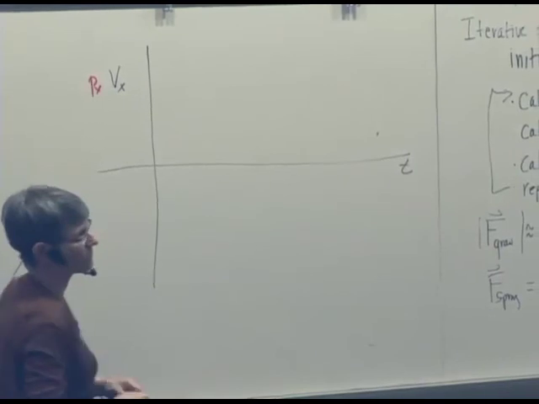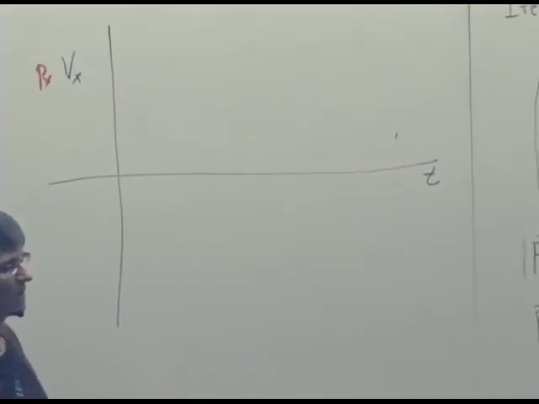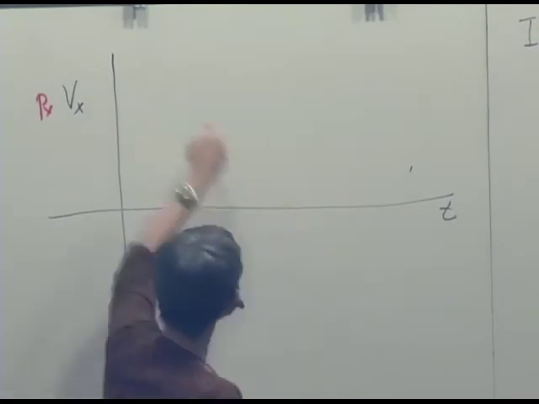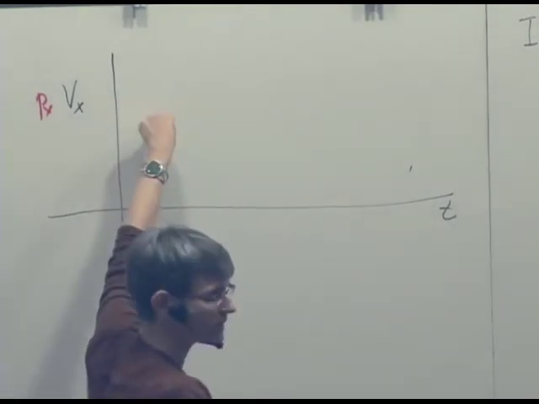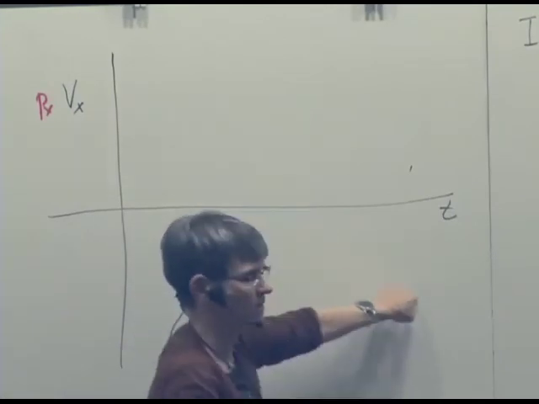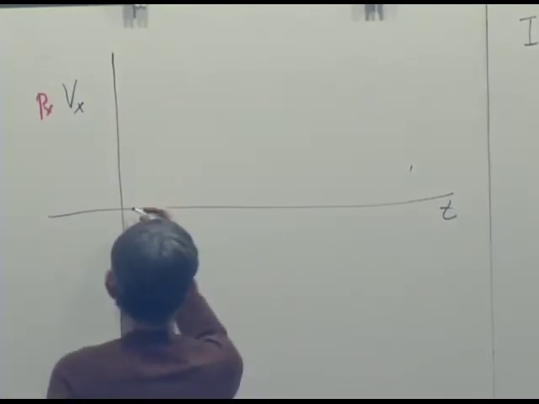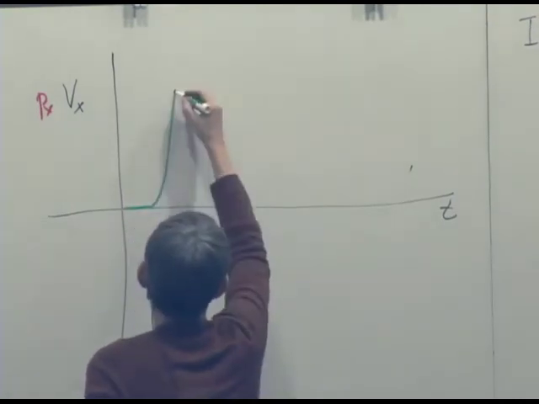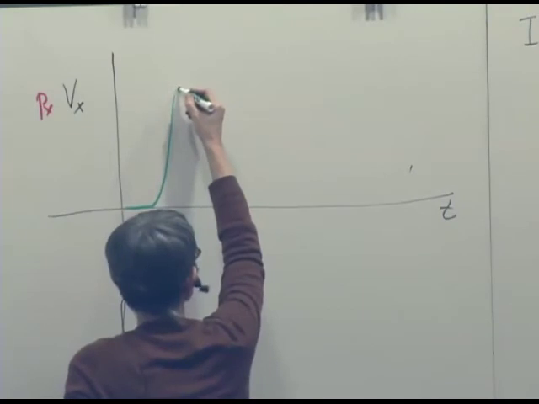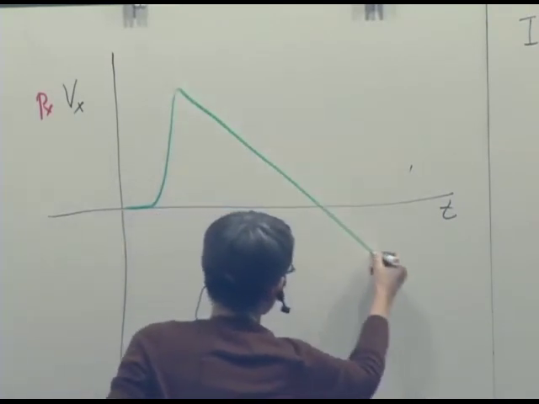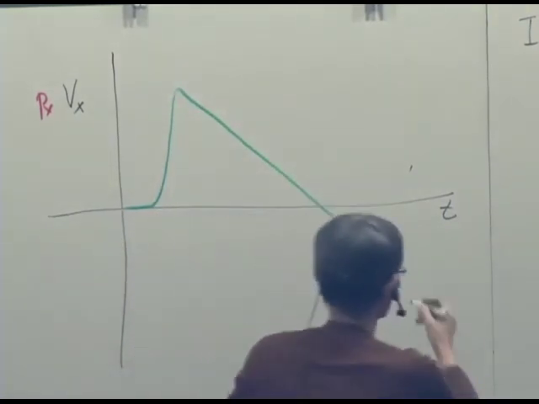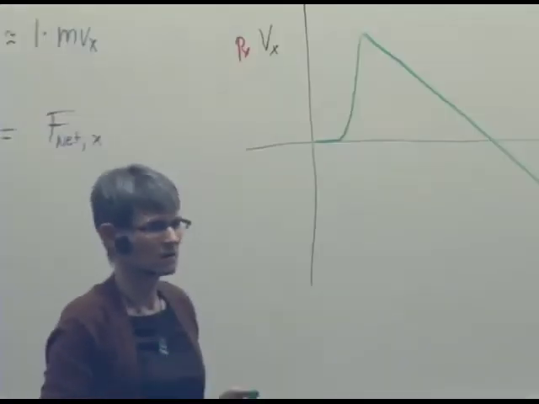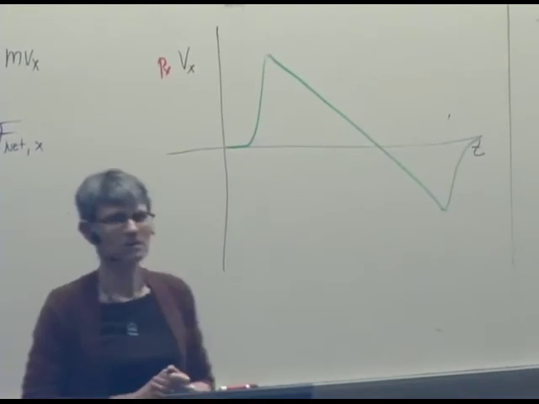So, what do you think? Okay, so a downward sloping line that crosses the axis. So you think it starts positive, and it goes. Okay, it's going to start at 0 and then curve up, and then straight line, and then go back to 0. That's a possibility. Other thoughts?